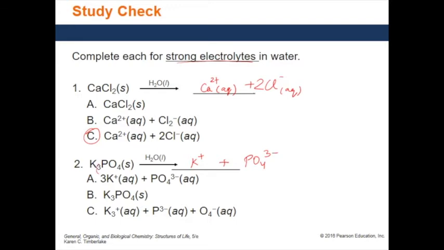I see 3 potassium, so 3, and phosphate stays together. We only have one of those, so it will be 1 phosphate ion, and each ion is going to be hydrated, so they will be aqueous. So the answer here is going to be A, 3 for potassium and 1 phosphate. Do not break phosphorus and oxygen apart from each other. This is a polyatomic ion. It always stays together.